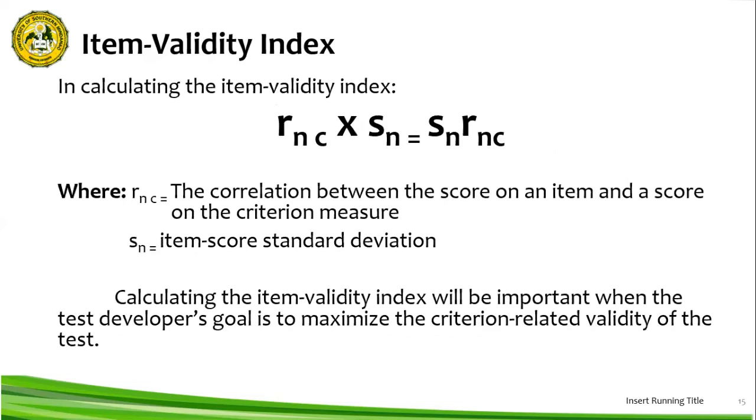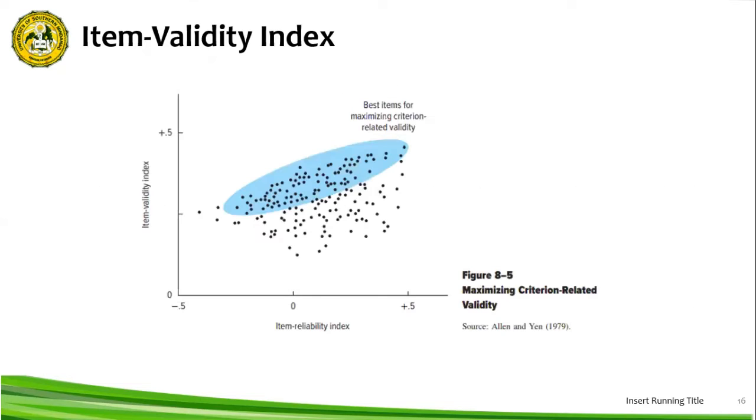In calculating the item validity index, the correlation between the score of an item and a score on the criterion measure is multiplied by the item score standard deviation. Calculating the item validity index will be important when the test developer's goal is to maximize the criterion-related validity of the test. That is the formula in calculating the item validity index.